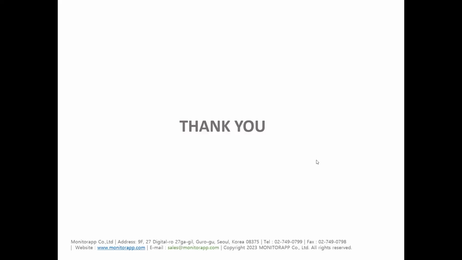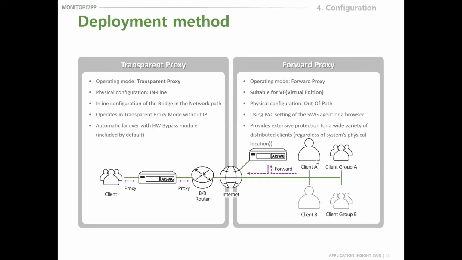The second question is, how can you position SWG? This means the location of SWG. Regarding this, as I explained in the deployment methods, the widely used way is transparent proxy. Around 90% of customers use this mode when they install the AI SWG appliance, because it's very easy to manage and there is no service impact.